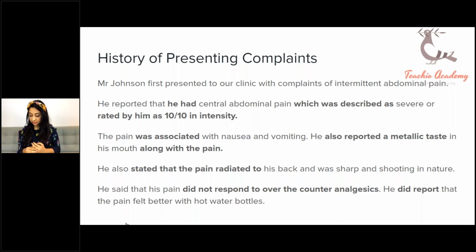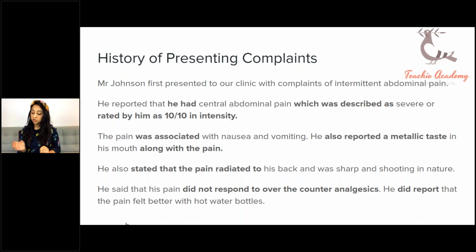So Manpreet has asked, can we do one in two sentences? For example, he also stated that the pain radiated to his back and was sharp or shooting in nature. So Manpreet, you can either split that into two. You can say that he stated that the pain radiated to his back, full stop. The pain was sharp and shooting in nature.